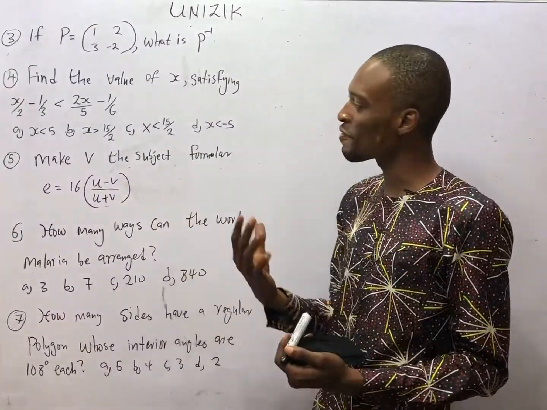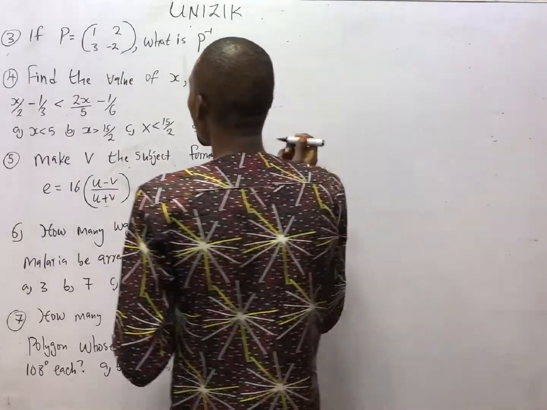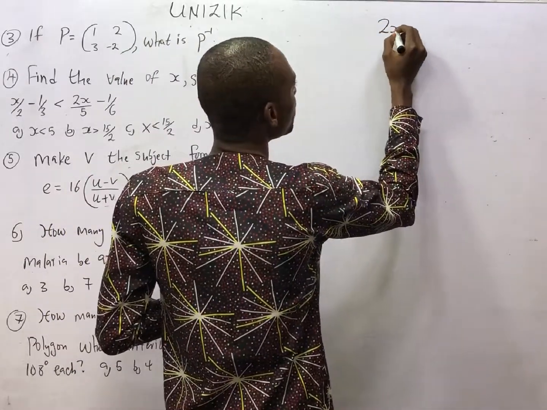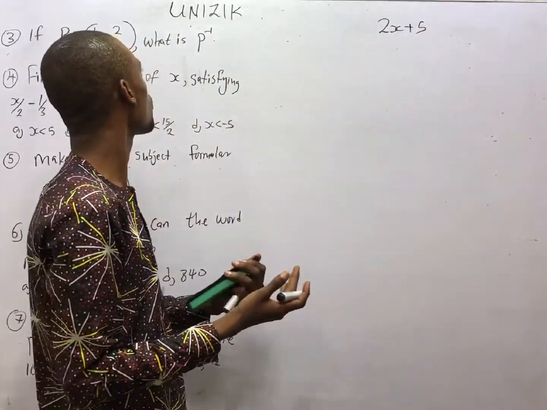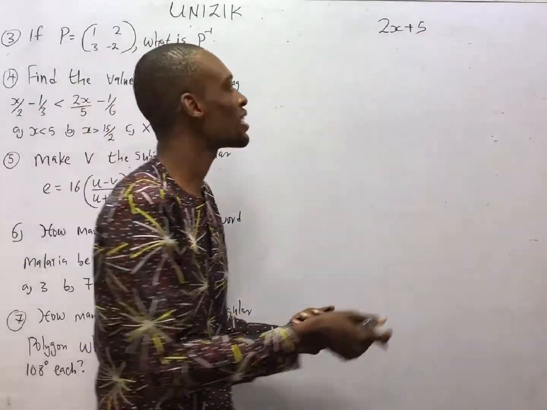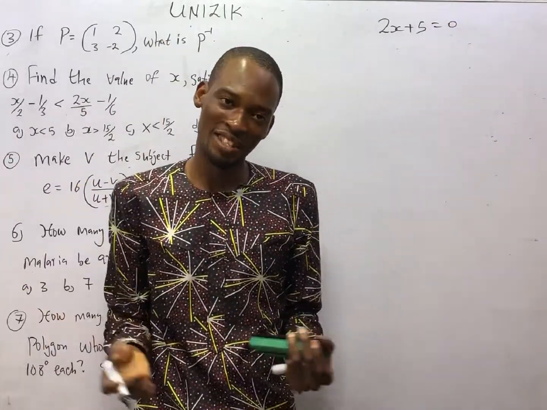In mathematics, we have equations, we have expressions, and inequality. If I say 2s plus 5, this is an expression because there is no equality sign. But by the time I say equals 0 or equals anything, it is now an equation.